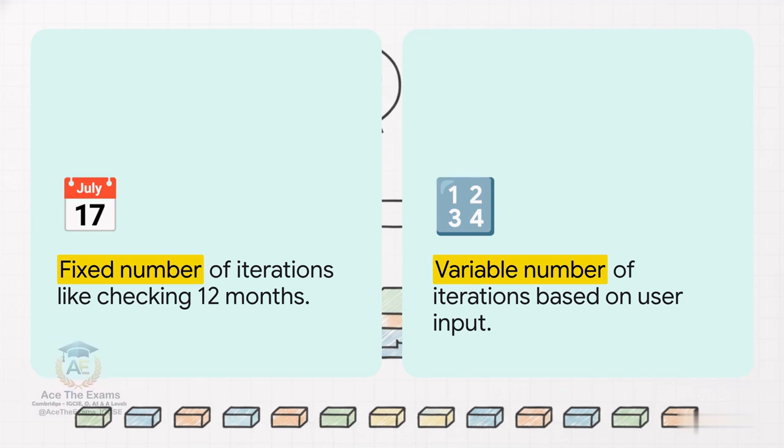Because the number of months in a year is never going to change. But what if you're checking figures for every day in a specific month? That number fluctuates, right? From 28 up to 31. So in that scenario, the loop is still count-controlled, but the actual number of iterations is determined dynamically by a variable, usually based on user input.